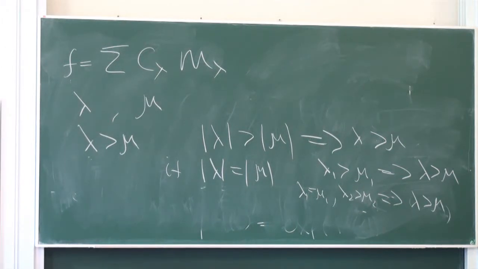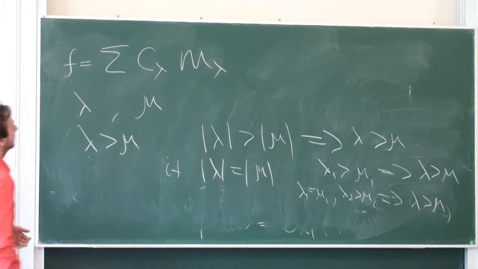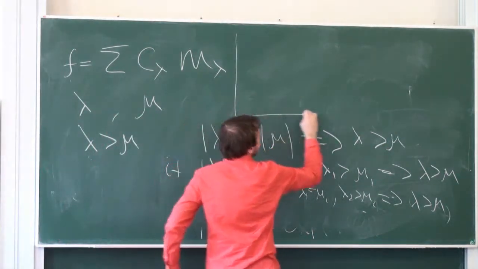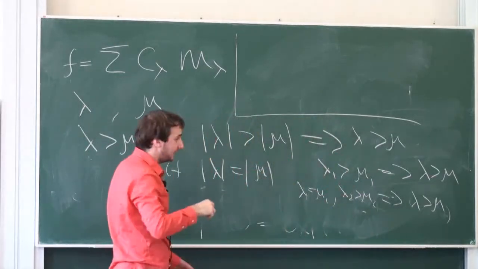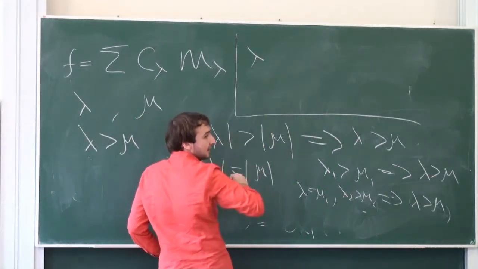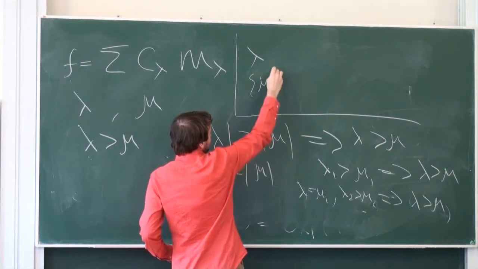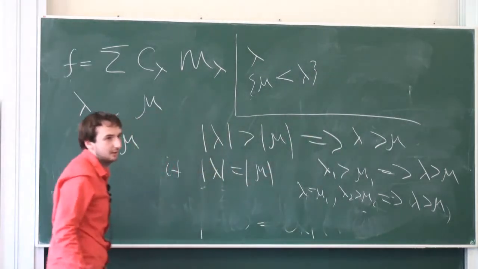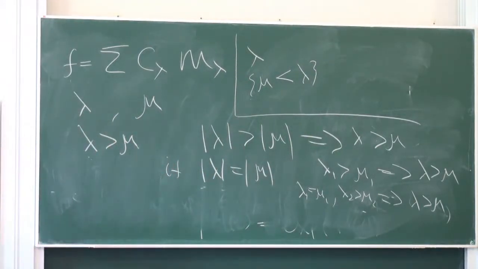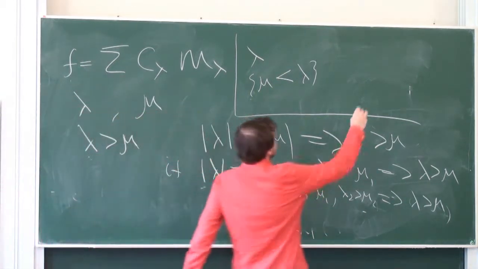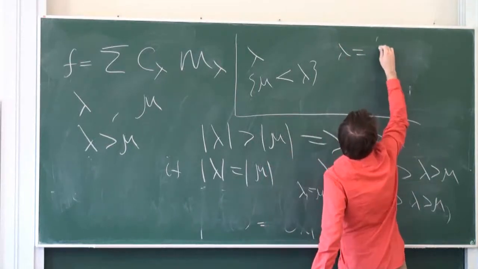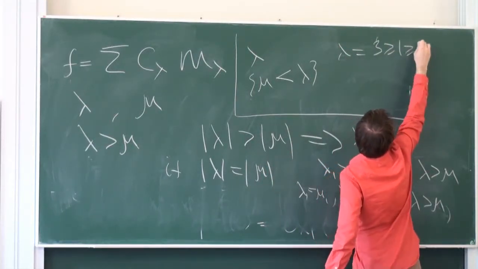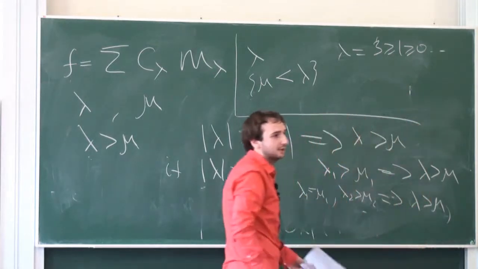What is important for us is the following property of this ordering: if you take any partition lambda, then the set of all partitions mu which are less than lambda is always finite. In principle, this follows from these formulas. I will just show you one example. Suppose lambda is the partition (3, 1, 0, and so on), with just two parts, 3 and 1.